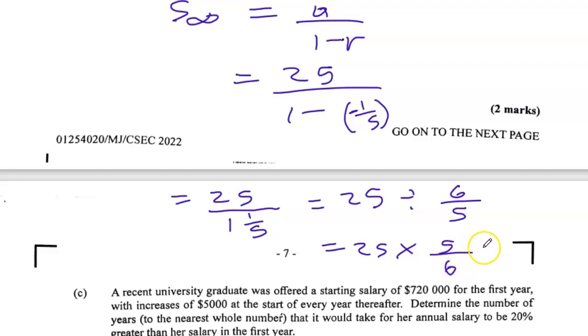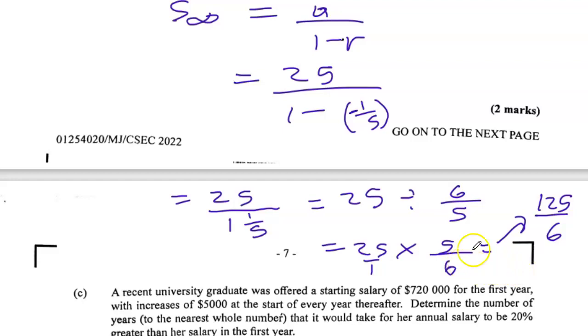Which is what? 5 times 25, so that's 125 over 6. So the sum to infinity is 125 over 6.